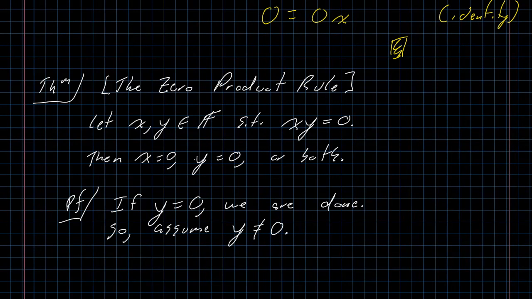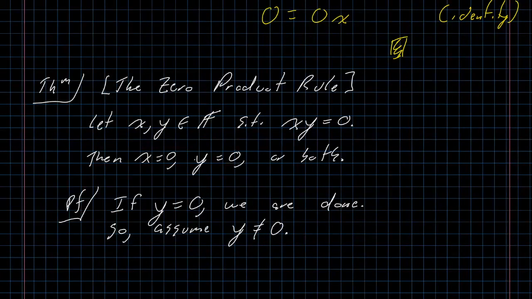If y is equal to 0, then either x is equal to 0 or both x and y are equal to 0, and we're done. So let's assume that y is non-zero. If y is not 0, then the only way to make this work is for x to be 0. So we want to try to prove that x must be 0. And it turns out that that's actually fairly straightforward to do.